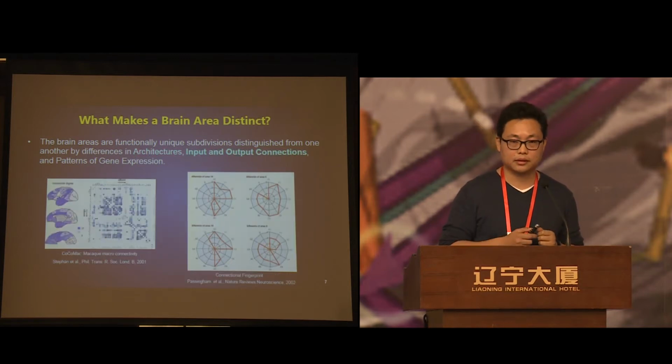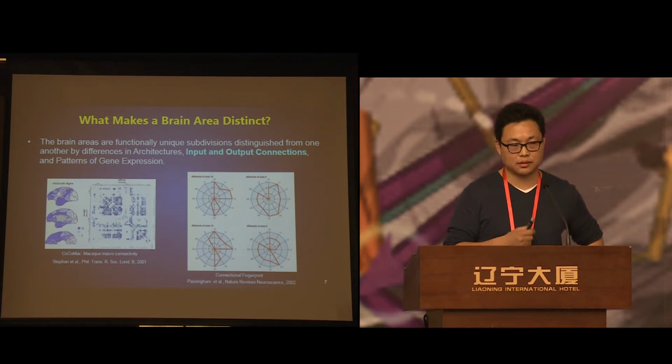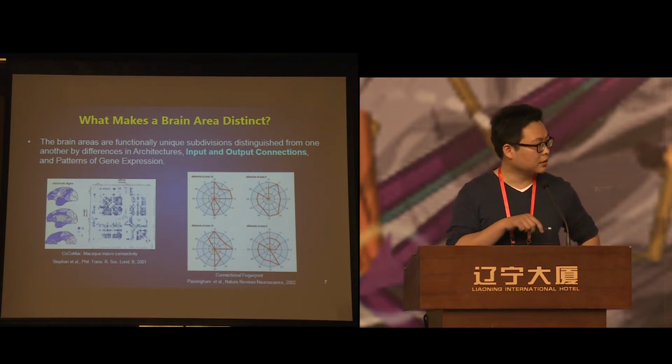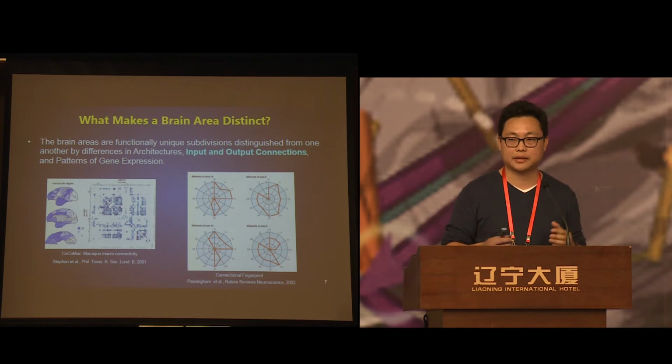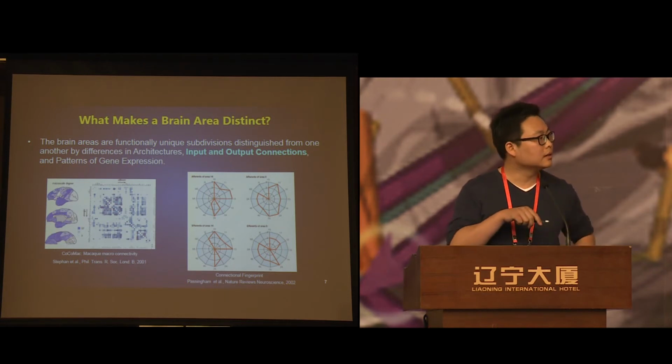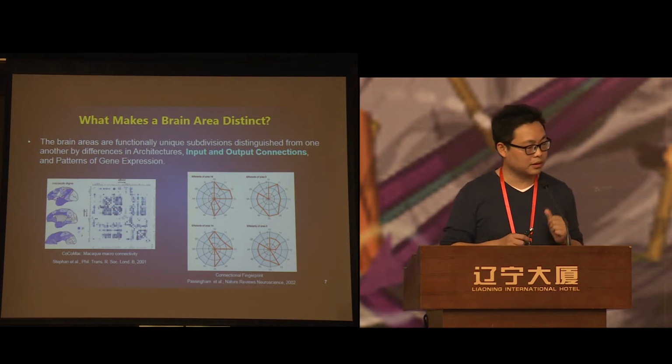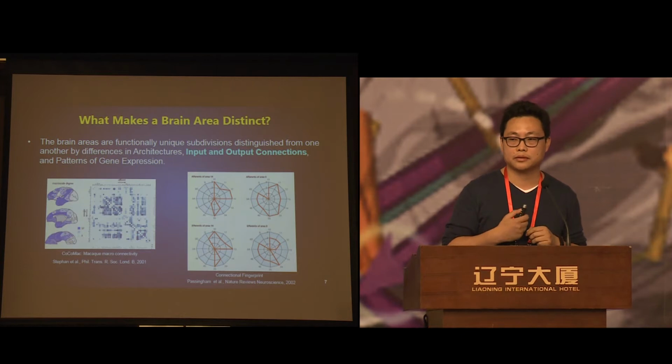The second is input and output connections, to give a functionally distinct region definition. This figure shows the CoCoMac map that collected all the existing tract tracing data in that database. And the paper gave a definition of connectivity fingerprints.